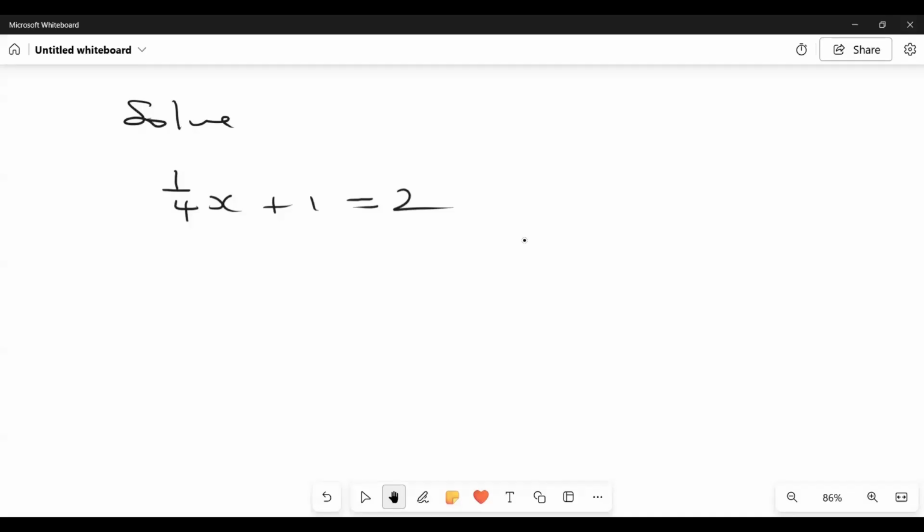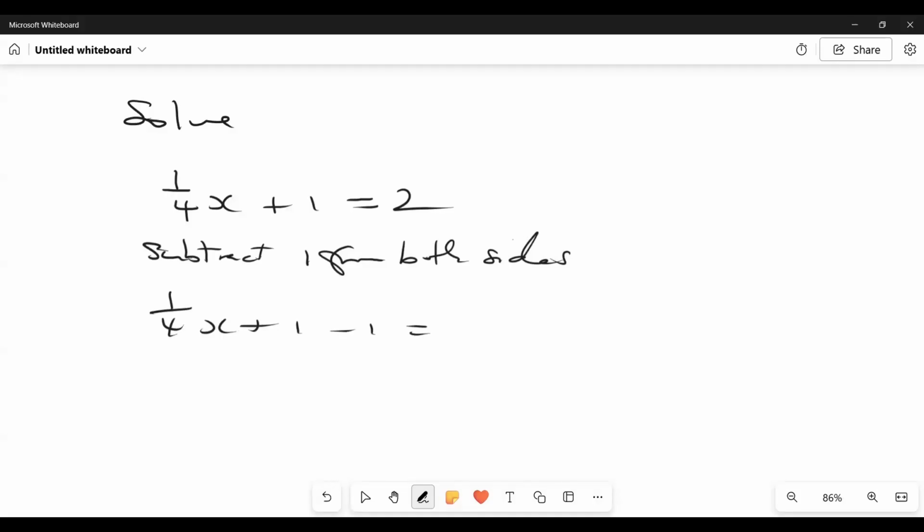So what are you going to do here now? Well, you can take the 1 over here and subtract, right? Subtract 1 from both sides, right? And you get what? A quarter x plus 1 minus 1 equal 2 minus 1. Right? So you get a quarter x equal to 1.